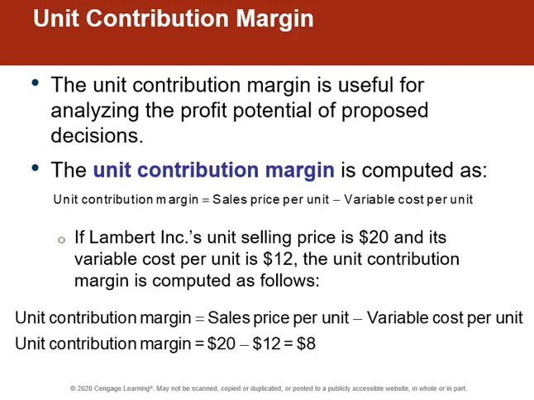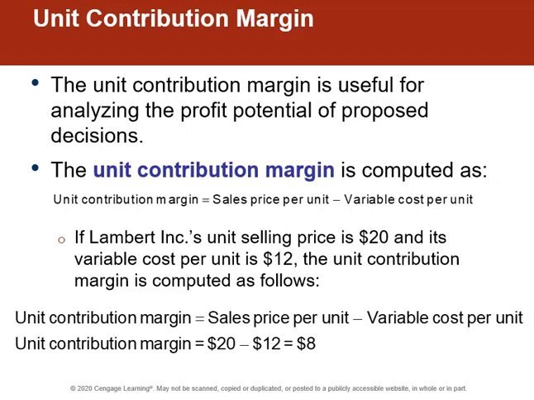Okay? The per unit contribution margin is very easy to calculate. It is simply the sales price per unit minus the variable cost per unit. In this case, they told us that the selling price per unit was $20 and the variable cost per unit is $12.